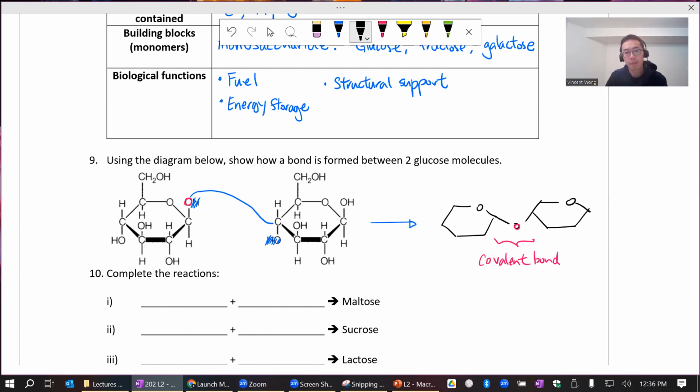And over here, if you take a glucose plus a glucose, you're going to get a maltose. Of course, because this is a dehydration synthesis, we are also going to be producing H2O. That's where the H and the OH have gone to, right? They come out and then they connect, and you get your H2O.